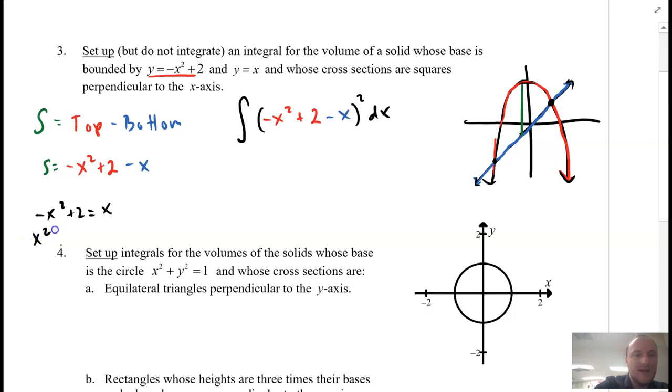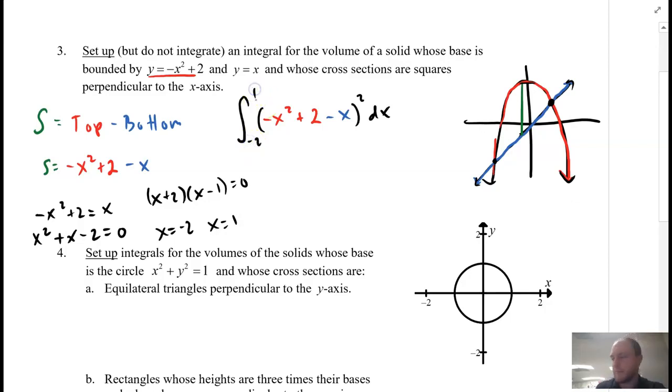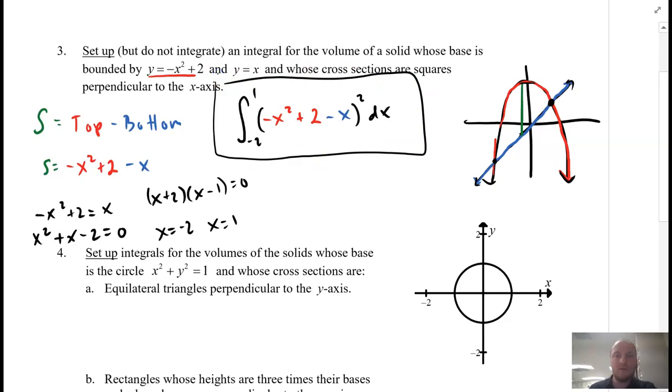If we do this, we get x squared plus x minus 2 equals 0, giving us x plus 2, x minus 1 equals 0, giving us these limits. So x is equal to negative 2, and x is equal to 1. So negative 2 to 1. And there you have it. There is your integral. Okay?